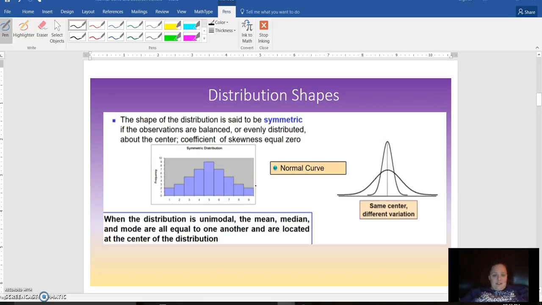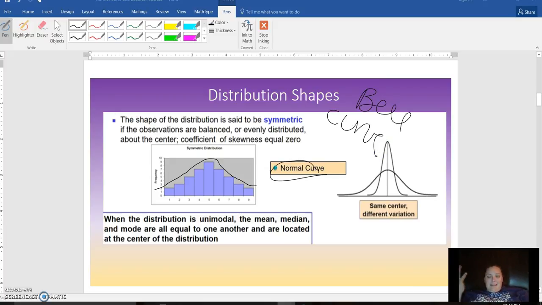Alright, distribution shapes. The main one that we're going to do is called the normal curve. It's also called the bell curve. 90% of things that occur in the world fall in this.